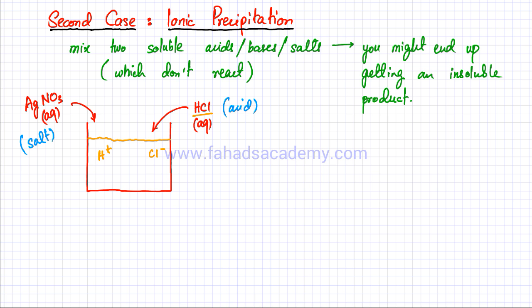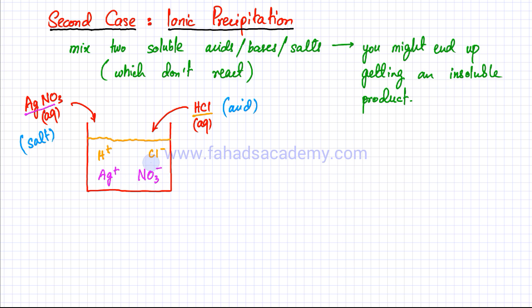The other thing that would happen is, since silver nitrate is also aqueous, it's also going to ionize. It's going to break up into silver ions and nitrate ions. So you have this solution with all these ions roaming around, floating around in the aqueous state, dissolved in water.